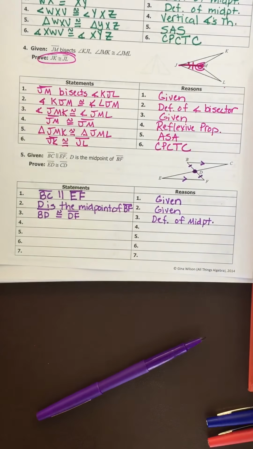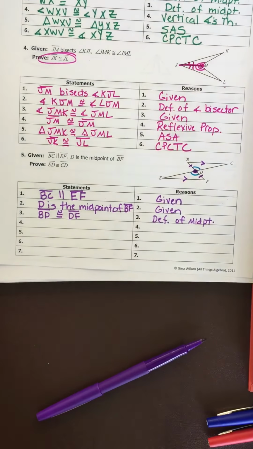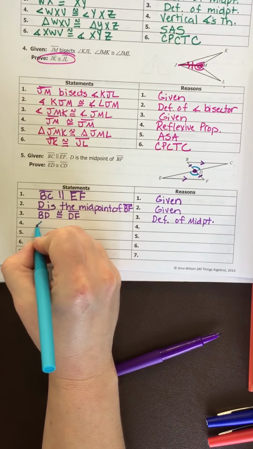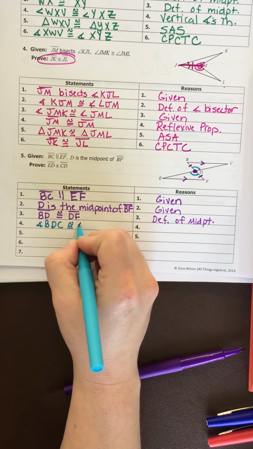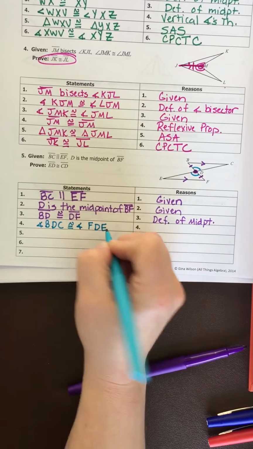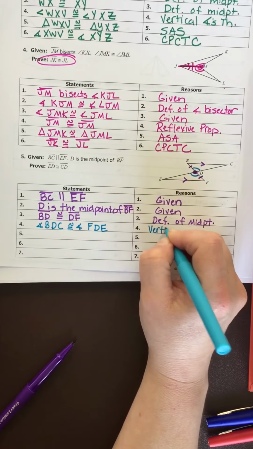So I see right here that I have this angle and this angle that are the same. How do I know those two angles are the same? Why can I say the angle BDC is congruent to angle FDE? It is by the vertical angle theorem.